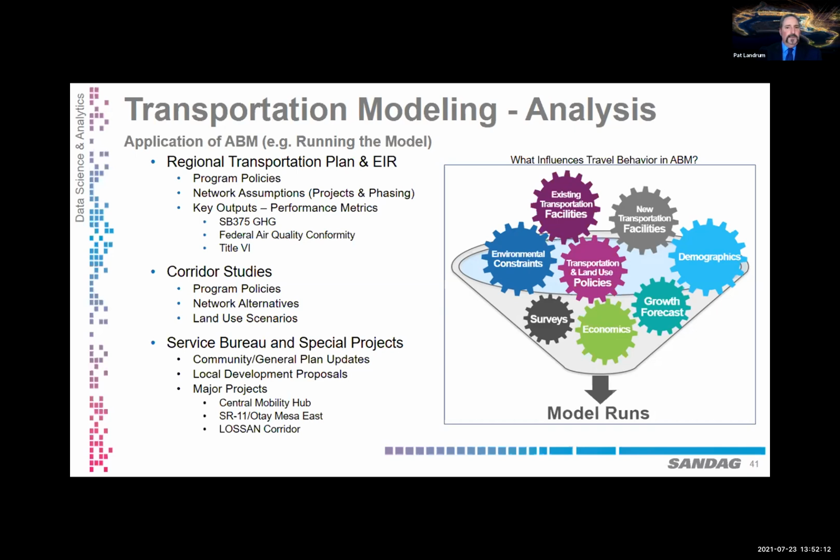Some current major projects we're working on, in addition to the regional plan, are the Central Mobility Hub, Route 11, Otay Mesa East, as well as the Lausanne Corridor. Next slide, please.